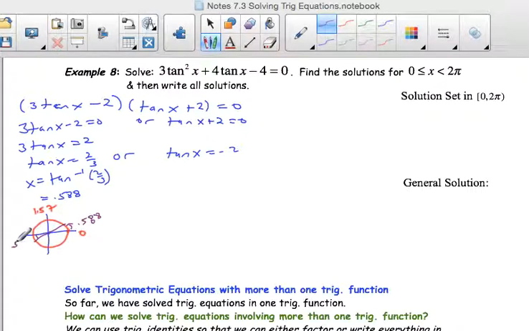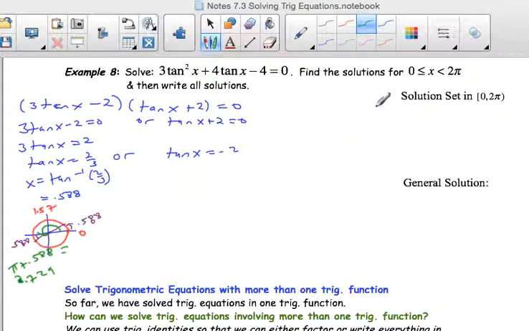This is 0.588, and so the angle that I really want is going to be pi plus 0.588 for my second angle, and pi plus 0.588 is 3.729. That's my solution in 0 to 2 pi.